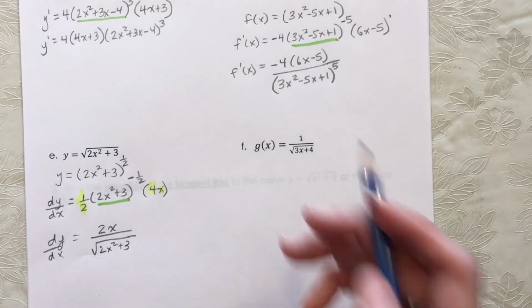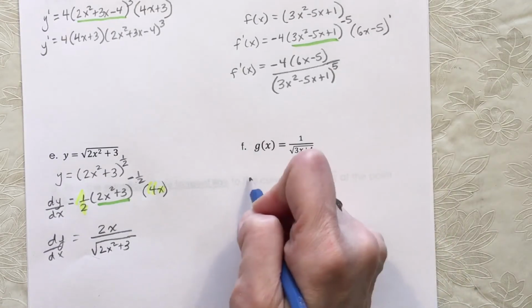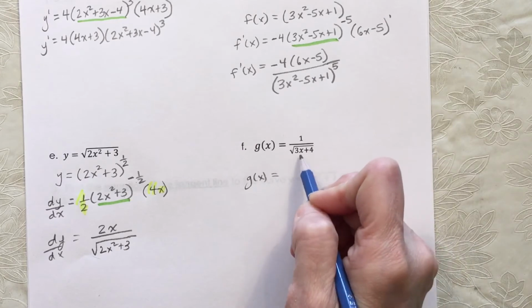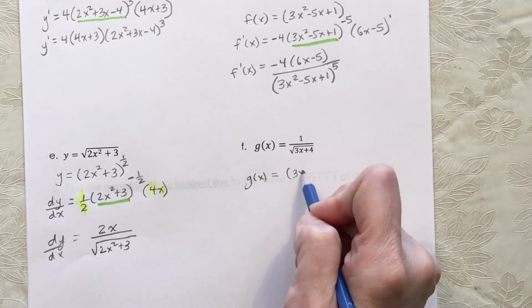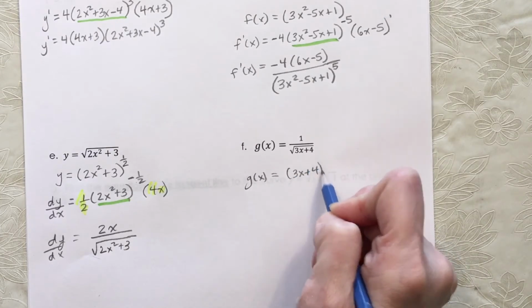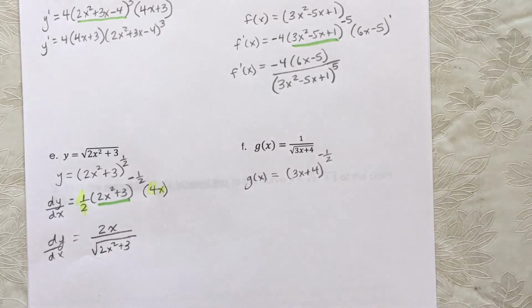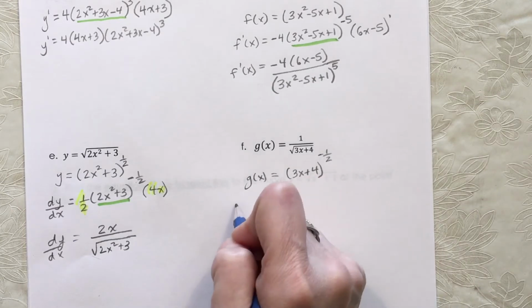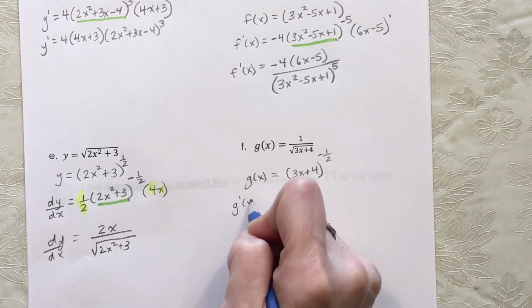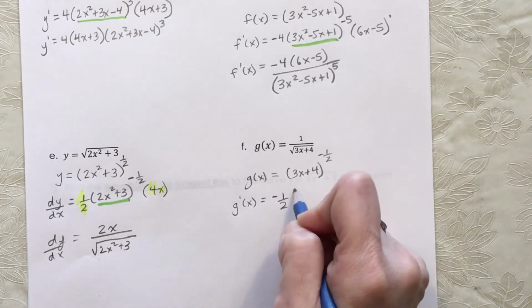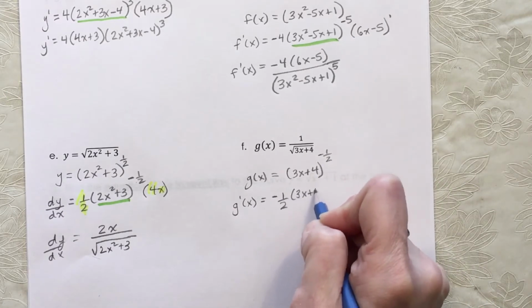All right, g of x for f here, first we have to write it as a power function. So we want to bring the 3x plus 4 up to the numerator, and the exponent would be -1/2. Because square root is 1/2, but we're bringing it up to the numerator, so it's -1/2. So now we're going to find g prime of x. So the exponent comes down, -1/2 times 3x plus 4.